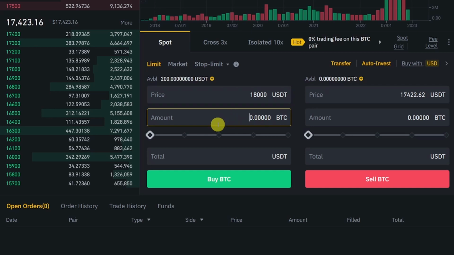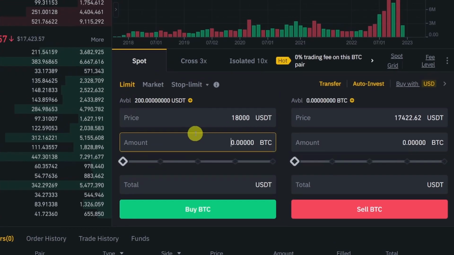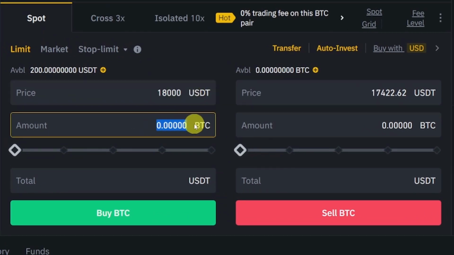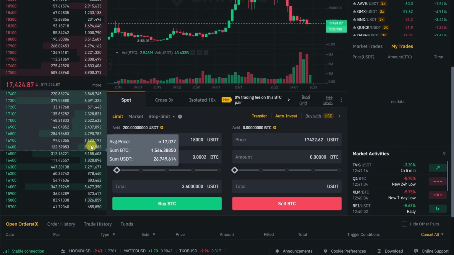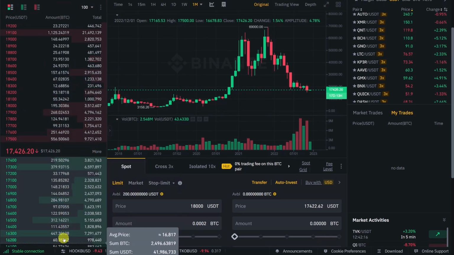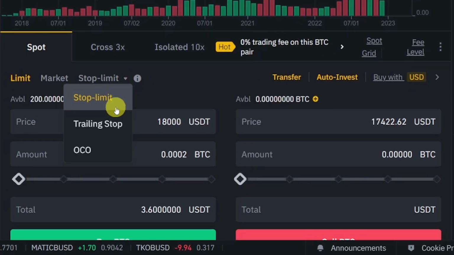My currently open orders will be listed here below. If and when the price reaches the one specified in the limit order, the order will be filled and will disappear from the open orders list. The order book here is essentially a summary of all open limit orders on this market. I will leave the stop limit orders for later.